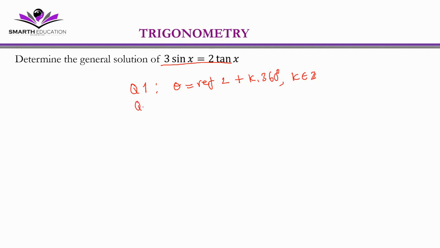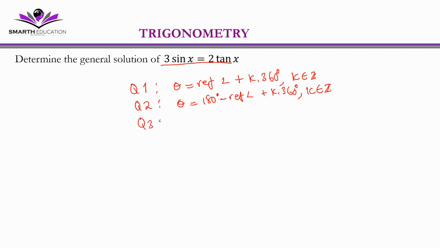And then in quadrant 2, our theta is equal to 180 degrees minus the reference angle plus k times 360 degrees, where k is an integer. In quadrant 3, theta is equal to 180 degrees plus the reference angle plus k times 360 degrees, where k is an integer.